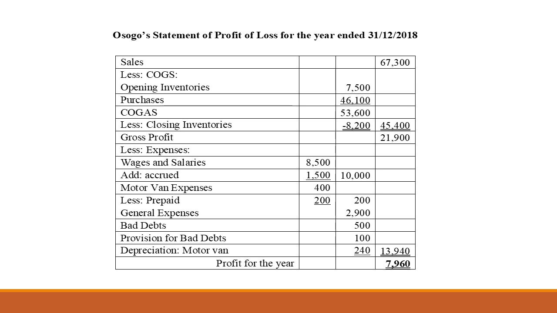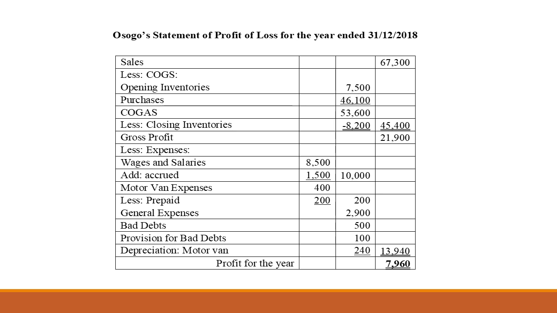So we take opening inventory, add purchases to arrive at goods available for sale, and then we deduct closing inventory to get the cost of goods sold. Then sales less cost of goods sold leaves us with the gross profit from the sales of inventory.